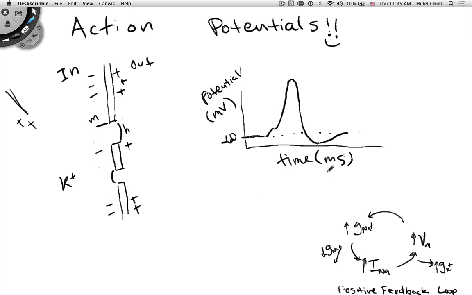That's right. So let's just label our picture of the action potential. We already know where rest is. That's there. Then we have the rising phase going up. Then we have the peak of the action potential. Then we have the falling phase.